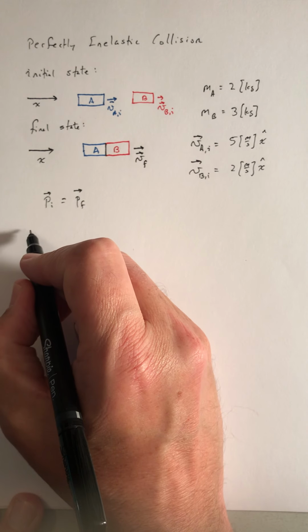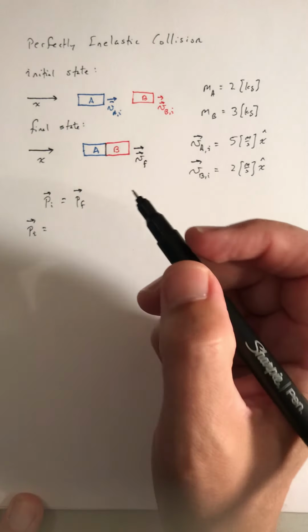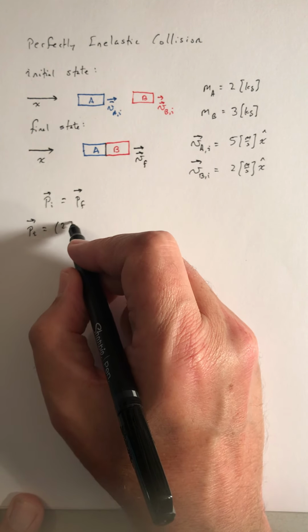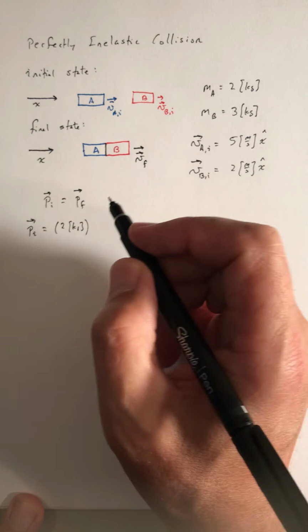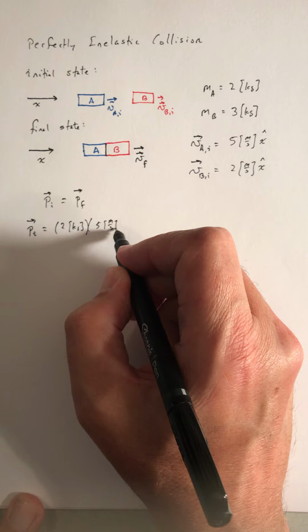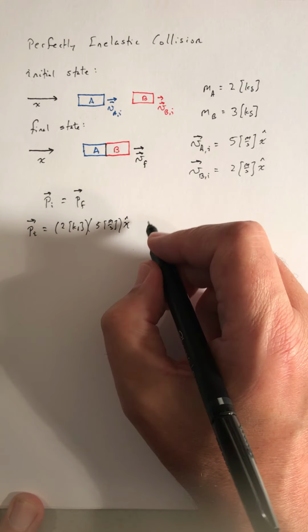All right, so let's just calculate what the initial momentum is, and then we'll calculate what the final momentum is. So 2 kilograms times 5 meters per second along the x direction.